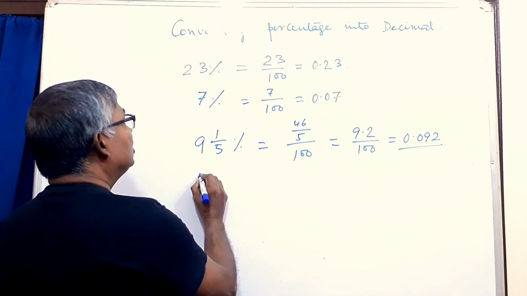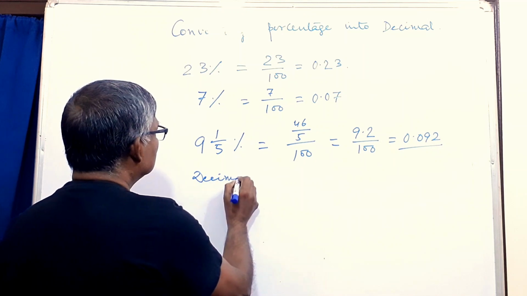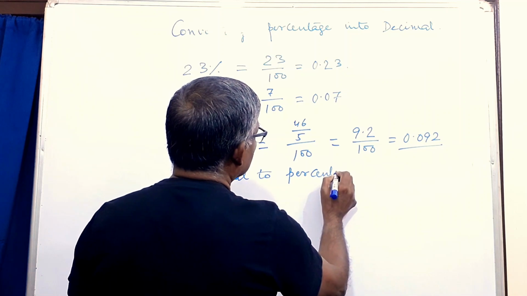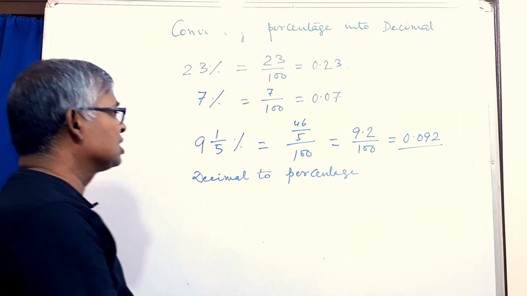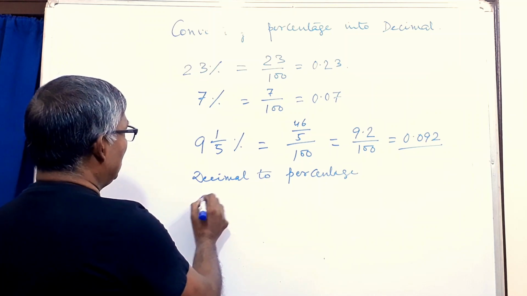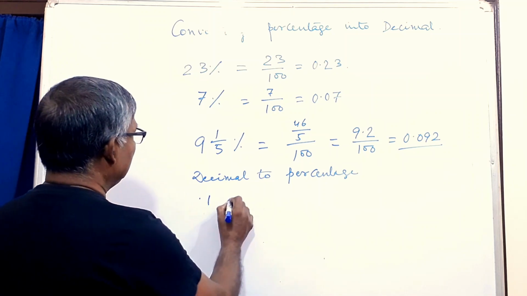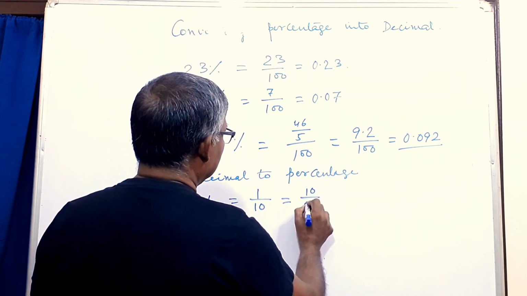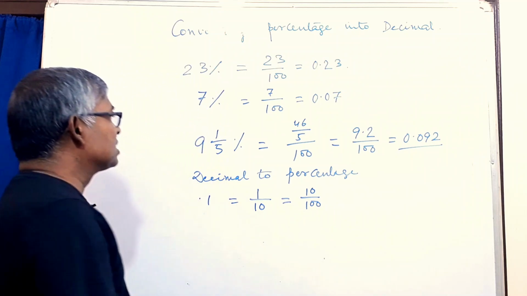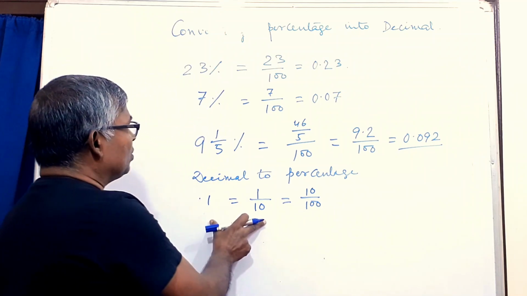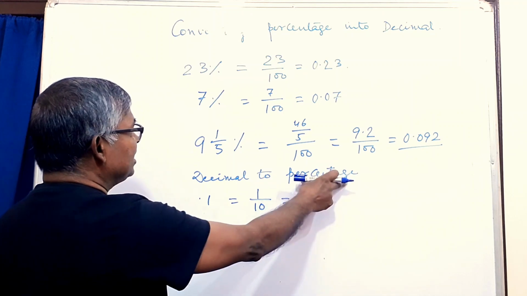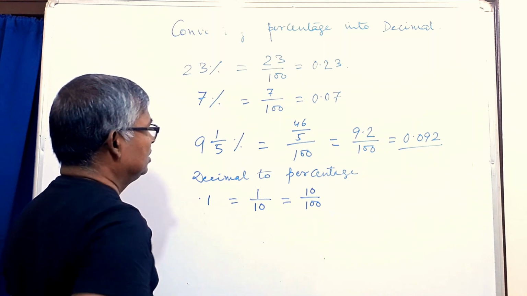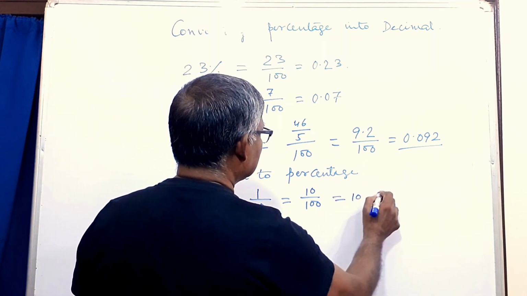Now let us learn decimal to percentage. Suppose 0.1. What does it mean? 1 by 10. This can be written as 10 by 100. Students, because we are converting any number into percentage, the denominator must be 100, so it will be 10%.